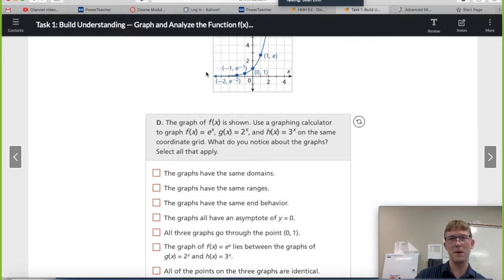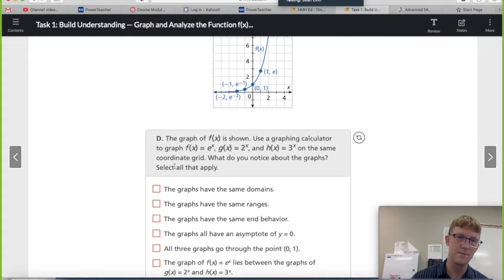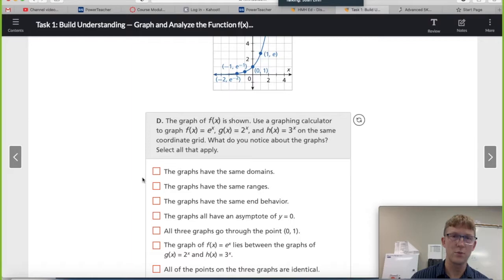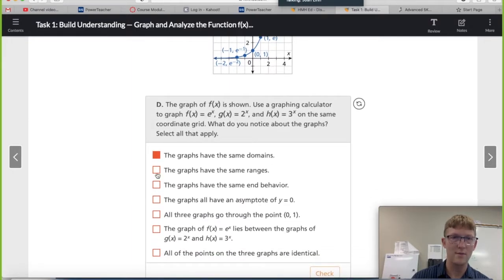I'm just going to imagine, because if we look at this graph with our e's, the 3 to the x is going to be above it and the 2 to the x is going to be below it. So the graphs will have the same domains. The graphs will have the same ranges. The graphs will have the same end behavior. The graphs all have asymptotes at y equals 0.